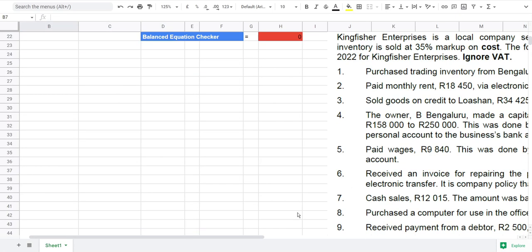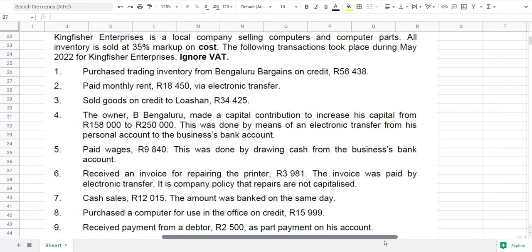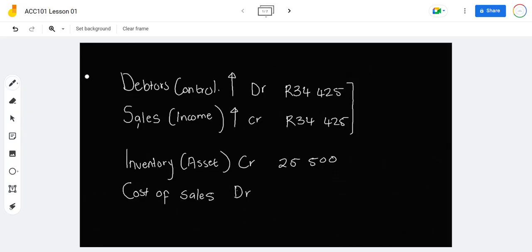All right, we are done with the third transaction. We now go to number 4. Number 4, it says the owner B Bengaluru made a capital contribution to increase his capital from 158,000 to 250,000. This was done by means of an electronic transfer from his personal account to the business bank account. All right.